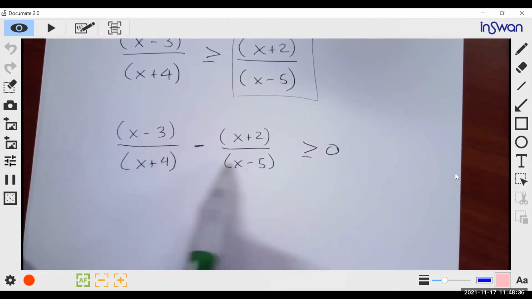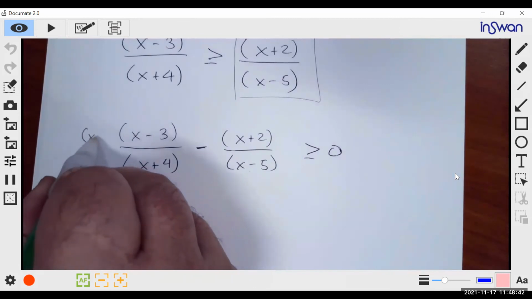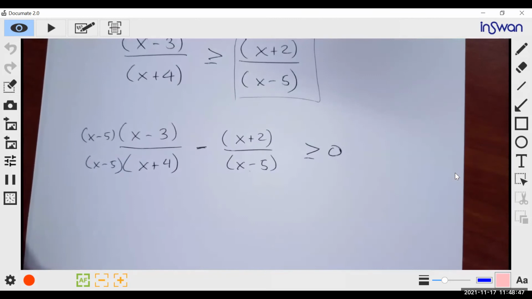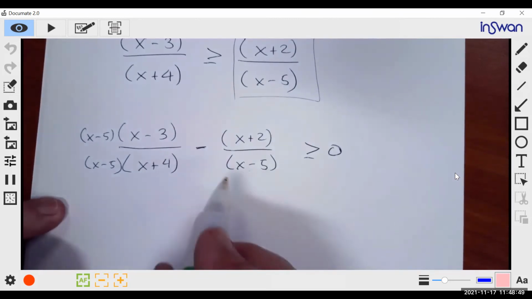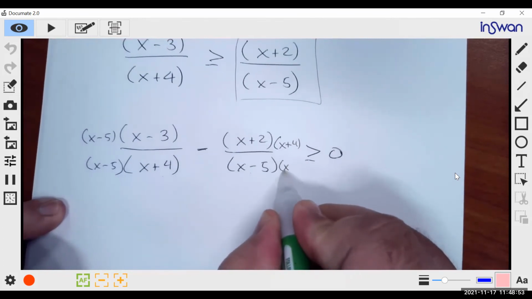Okay, now since we have different denominators, we have to get a common denominator. This one, I have to multiply x minus 5 over x minus 5. And this one's missing an x plus 4, so it's x plus 4 over x plus 4.